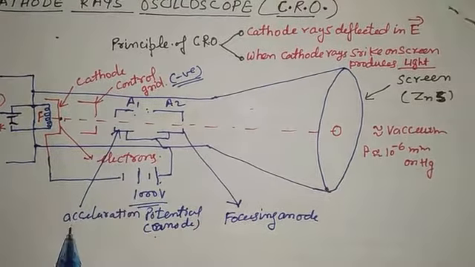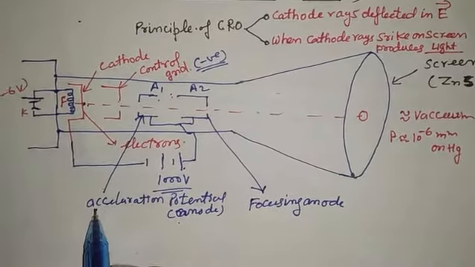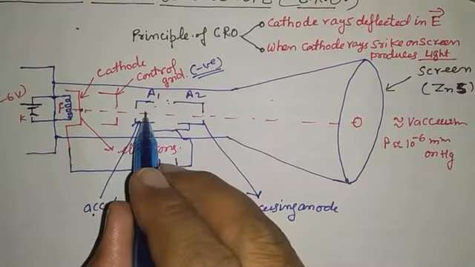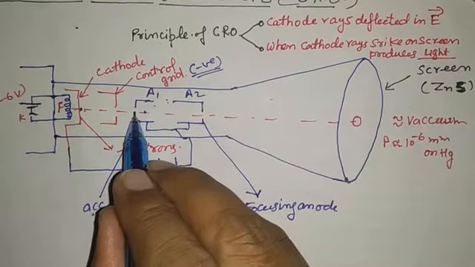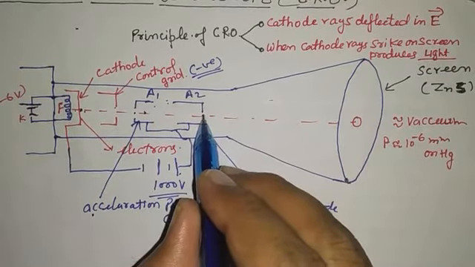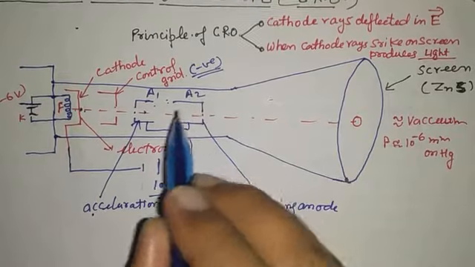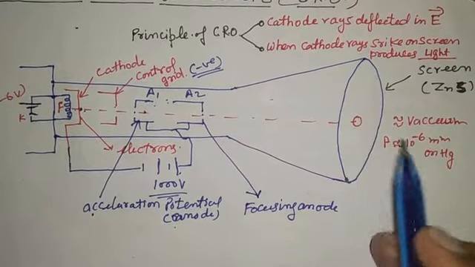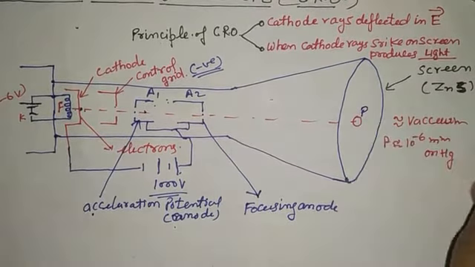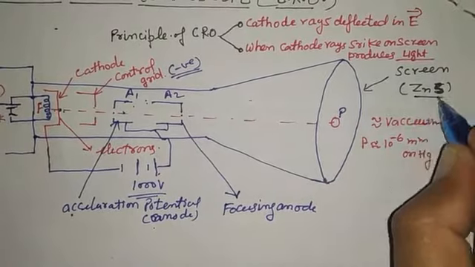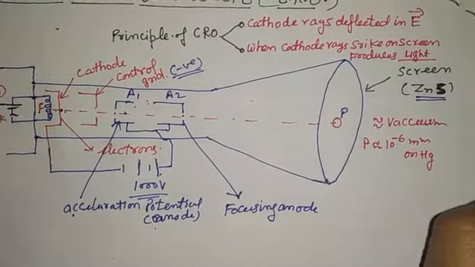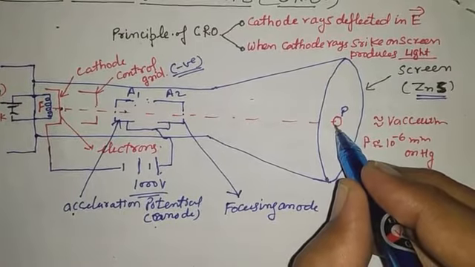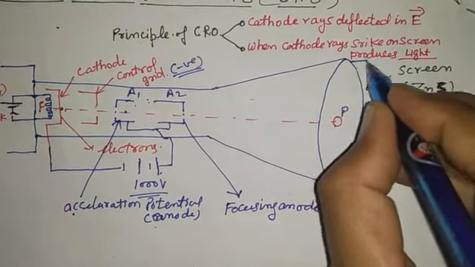The work of the accelerating potential is to accelerate the beam of electrons, to increase the momentum of electrons, and a hole is made here. The A2 anode helps the beam of cathode rays to strike on a certain point P on the screen, where it is coated with a fluorescent material like ZnS, zinc sulfide. When the electrons fall on this, it produces light.